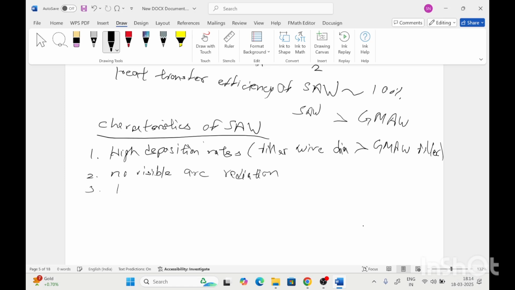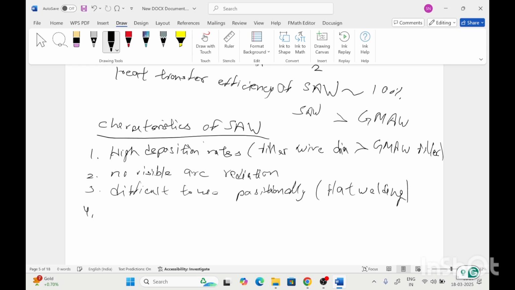The third point is that it is difficult to use positionally. We cannot use it vertically or for overhead welding, because the protection provided by the flux will not work, so only flat welding can be done in submerged arc welding.